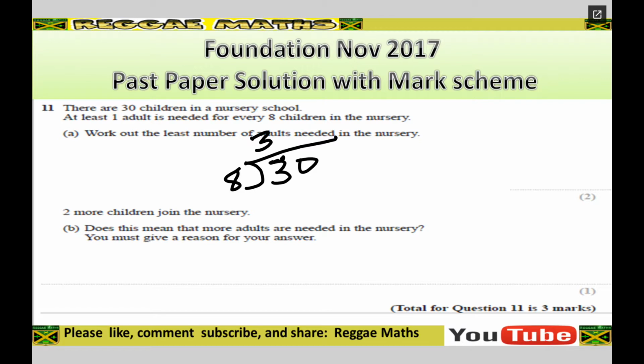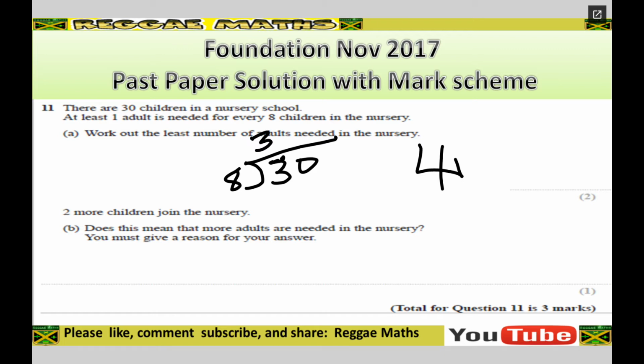So it's 3, and how many remainder? 3 times 8 is 24, so you got 6 remainder. So for each adult, you got 8 children. So therefore, to compensate for the 6, you must have 4 adults. 4, okay? Because for every 8 children, you have 1 adult.